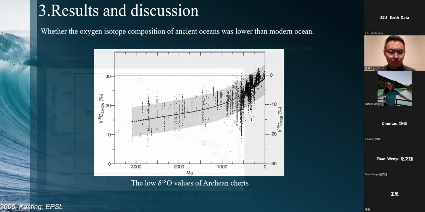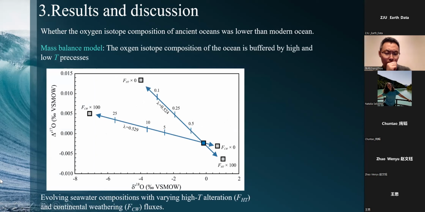They also use a mass balance model to test this hypothesis. This figure shows the evolving seawater conditions with varying high temperature alteration flux and continental weathering flux.